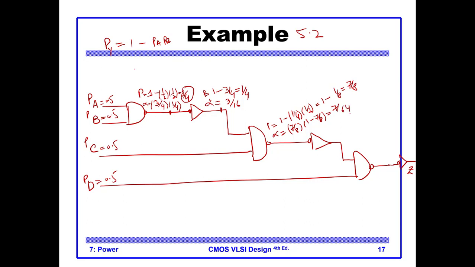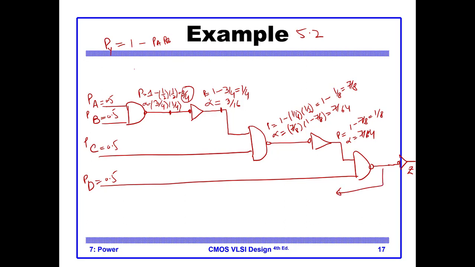And then this node is again a NOT gate, so the probability will be 1 minus 7 by 8 is equal to 1 by 8, and the alpha will be the same, 7 by 64.